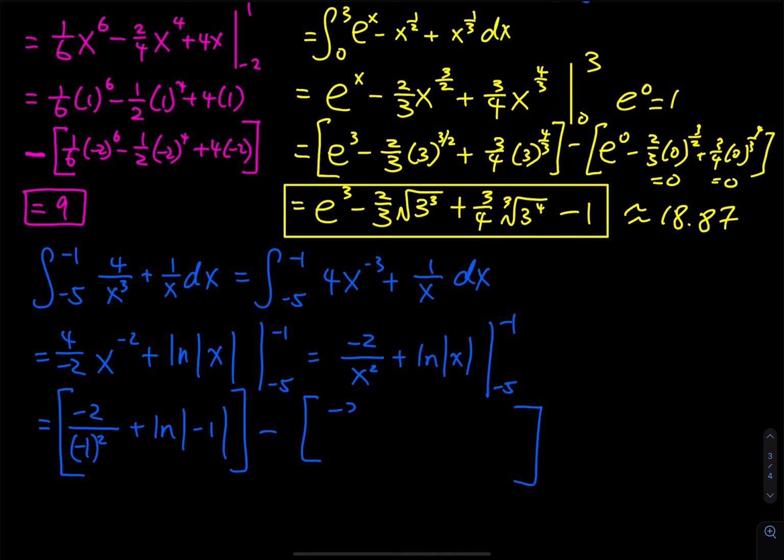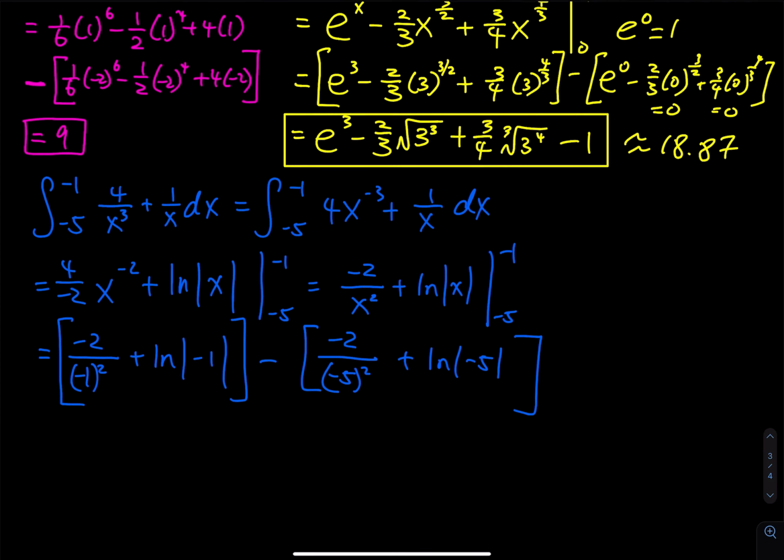So we have -2 over -5 squared, and then plus ln absolute value of -5. So this is -2 plus ln 1. So ln 1 is equal to 0. So -2 plus 0.